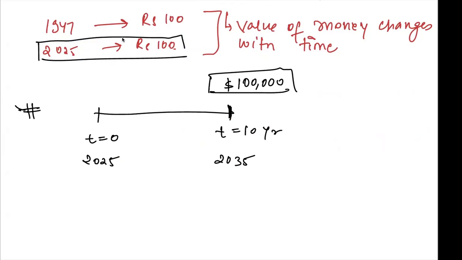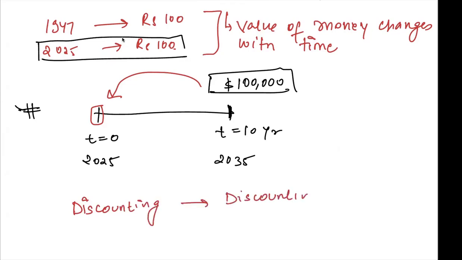What you really want is the value of this today. So there is a concept of discounting, which means you are discounting the future cash flow, or you can say future money.